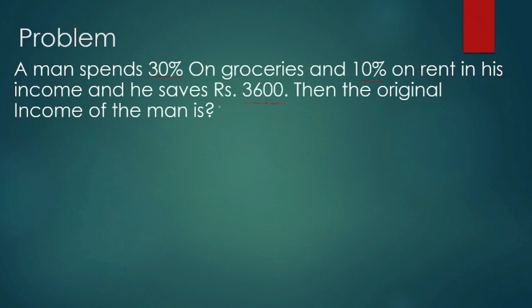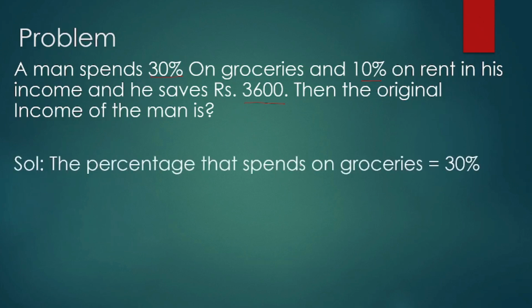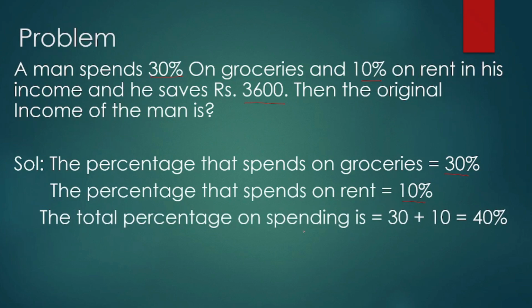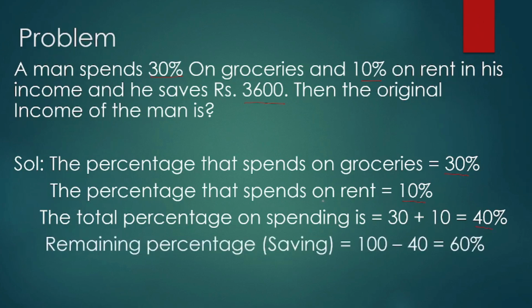So this can be solved by, first he spends on groceries 30%. Then after that he spent on rent 10%. These two transactions are made from his salary. So the total spending in terms of percentage is 40%. The remaining is 100 minus 40%, that is 60%.